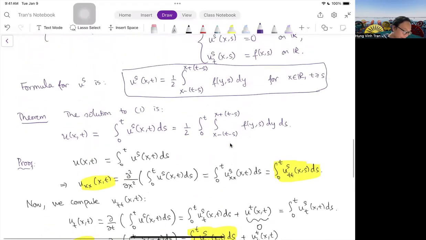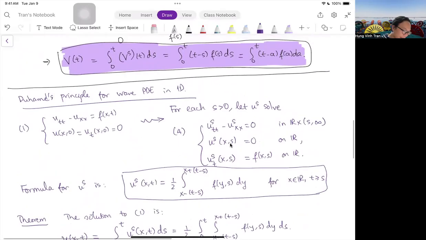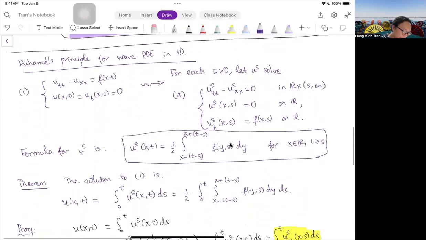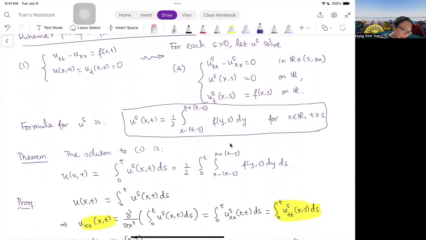So great. We have the formula, let me highlight it. I have u(x,t) equals exactly the contributions of u^s(x,t), where we sum over s from 0 to t. And of course, if you write it down explicitly, u(x,t) equals this formula.